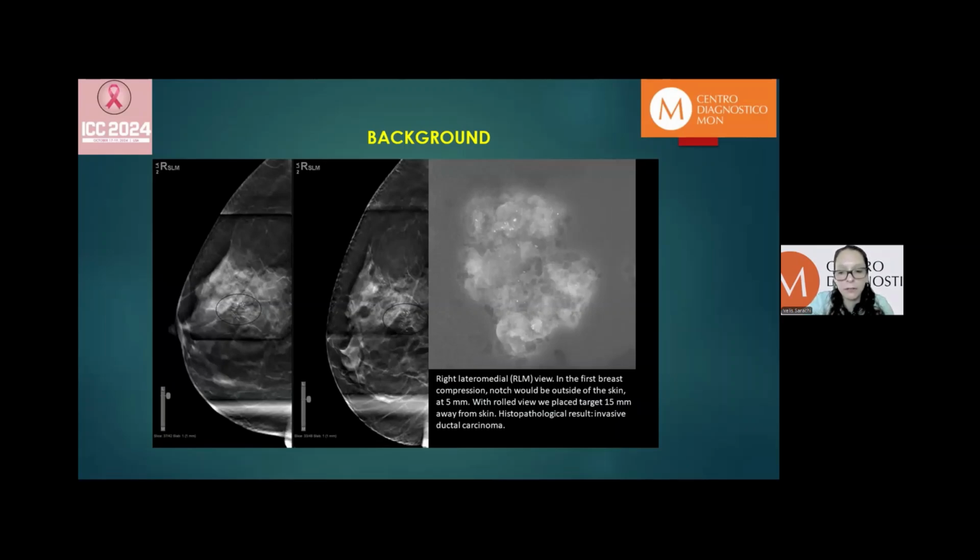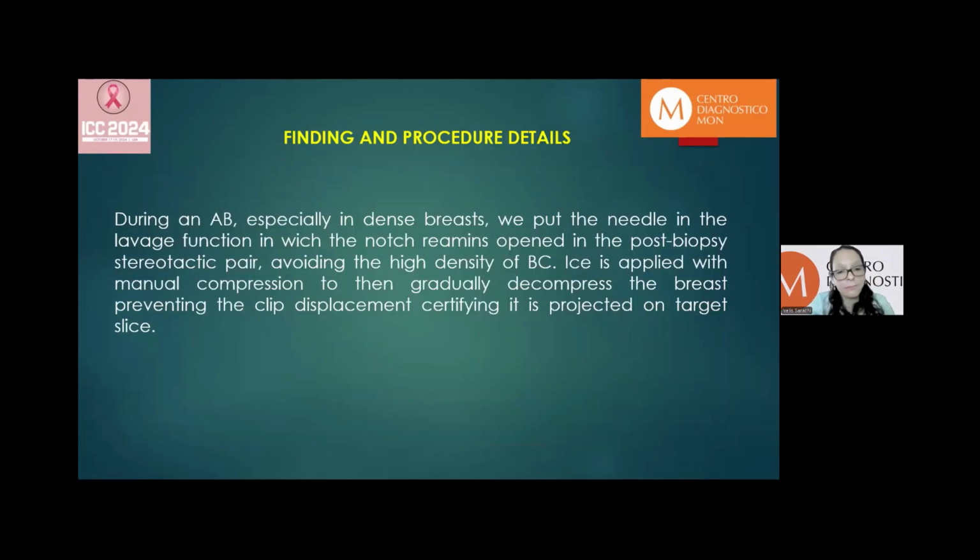In the first breast compression, the notch would be outside the skin at 5 millimeters. With roll view, we placed the target 15 millimeters away from the skin. This was an invasive ductal carcinoma.